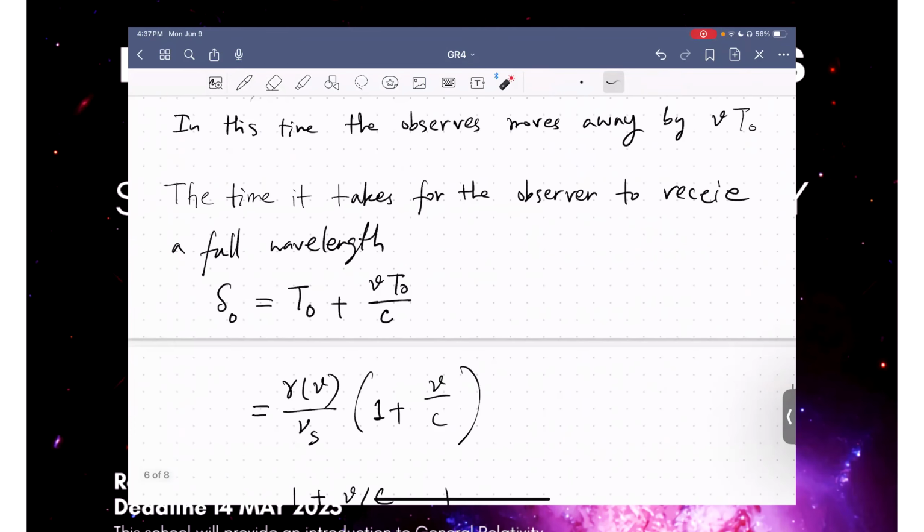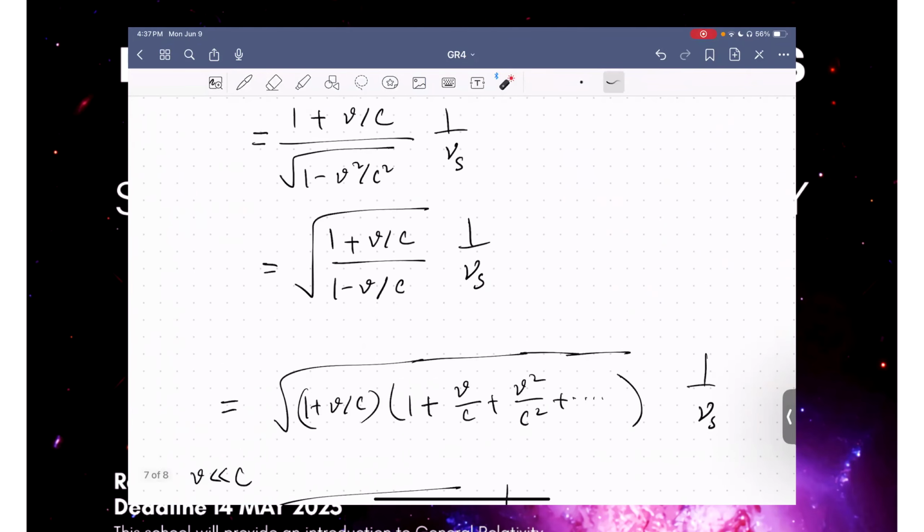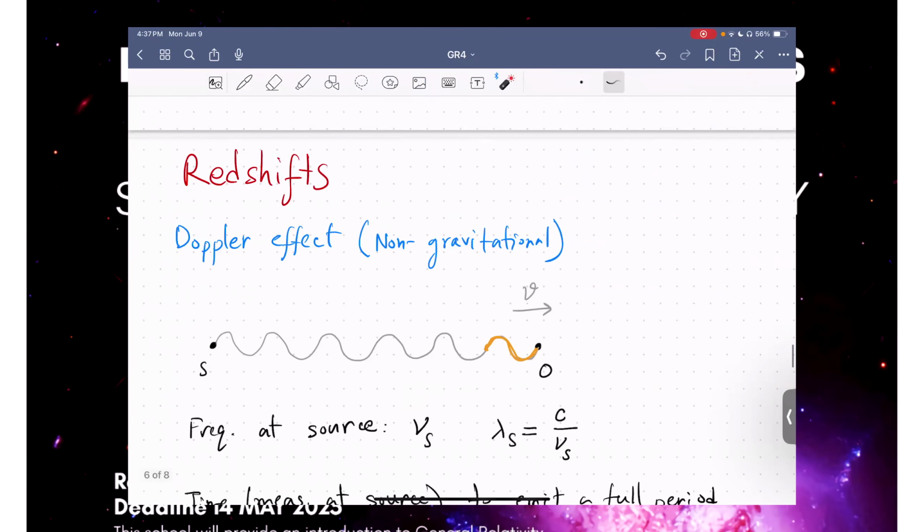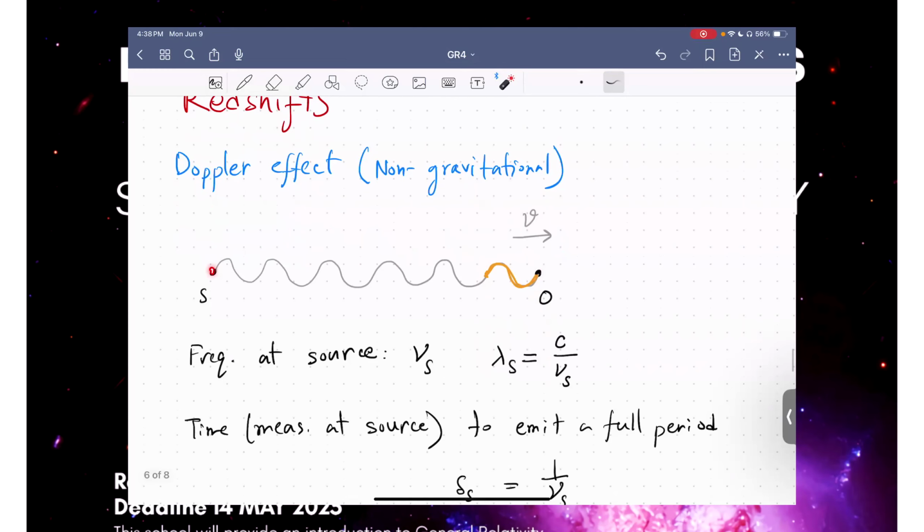Because where is my picture? Yeah. So suppose it was moving away before, but when this wavelength arrived at the observer became stationary all of a sudden. Well, then this wavelength does not get dilated because the time it takes for the observer to receive this wavelength is the same as the time it took for the source to emit this wavelength. The observer did not move away, and thereby create an extra distance. So there is no Doppler effect in that case.